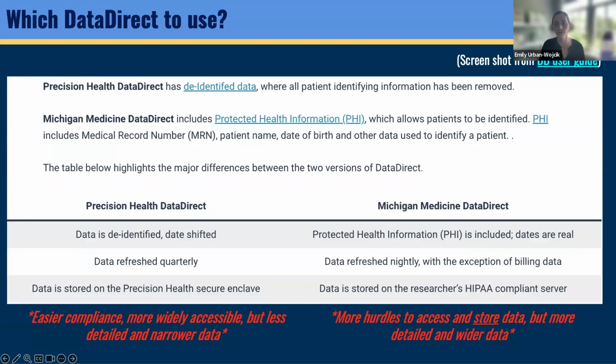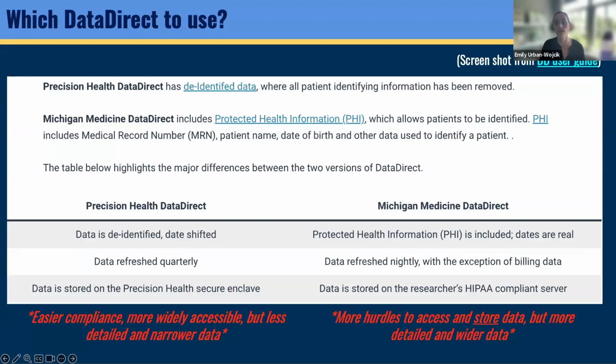And as of this presentation, one difference that I found is that the Michigan Medicine DataDirect has wider data available. For example, the Precision Health version has data on medications that are filled at pharmacies, but the data are limited only to patients that participated in the Michigan Genomics Initiative and only to certain pharmacies.